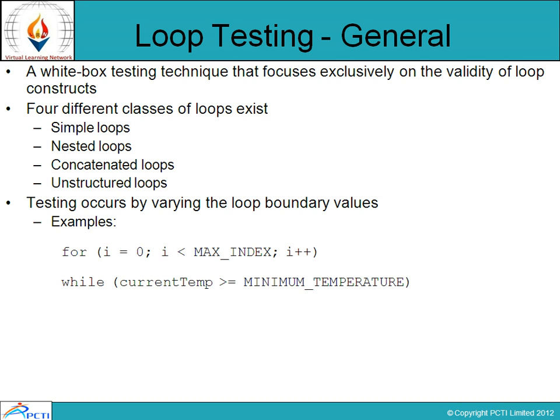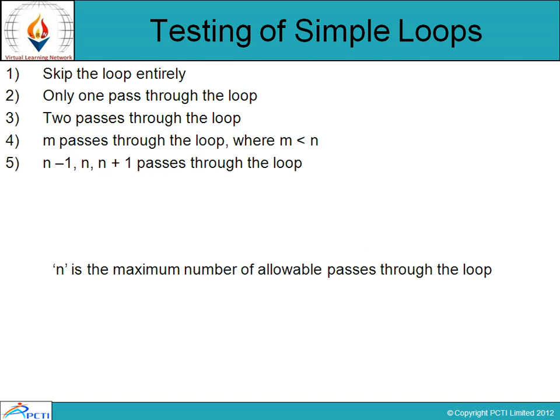Here the tests occur by varying the loop boundary values. For example, the loop boundary is defined from i equal to 0 to i less than the maximum index value given here. So it checks according to the condition and tests that value.